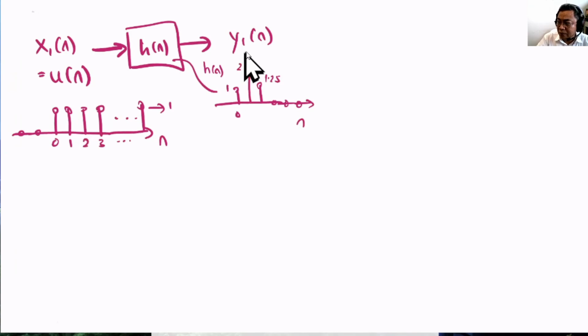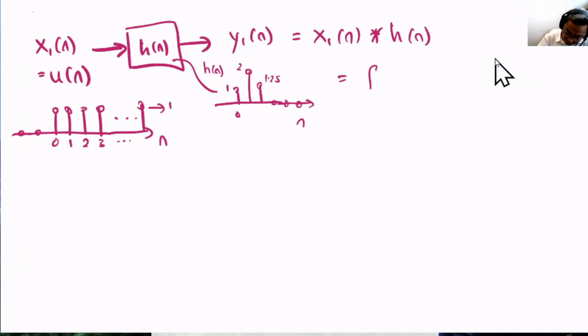So basically, y1[n] is x1[n] convolved with h[n], and then we can solve it this way. Of course, in MATLAB, you basically write filter(b, a, x), where the unit step is 1 1 1, of course the infinite value of 1, and then you get the output.